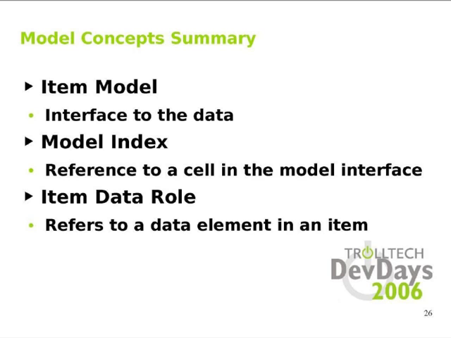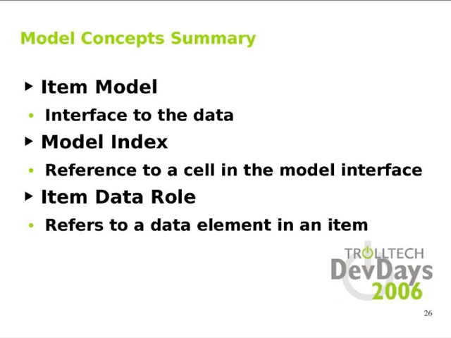All right, so that was a whirlwind tour of the model view architecture and the concepts behind the model interface. So let's just sum up the main points here. The item model is the interface to the underlying data structure.